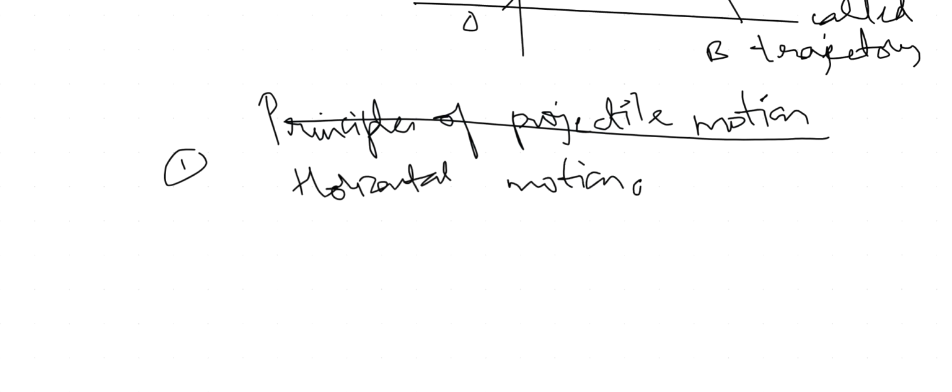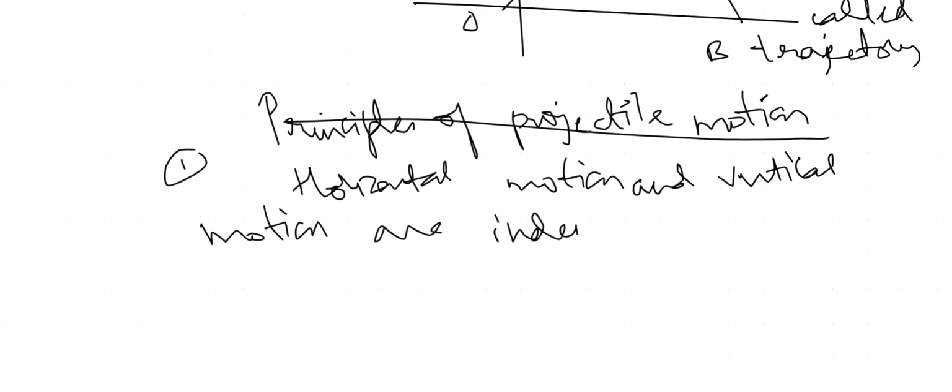The horizontal motion and vertical motion are independent of each other. This is called physical independence of motion.